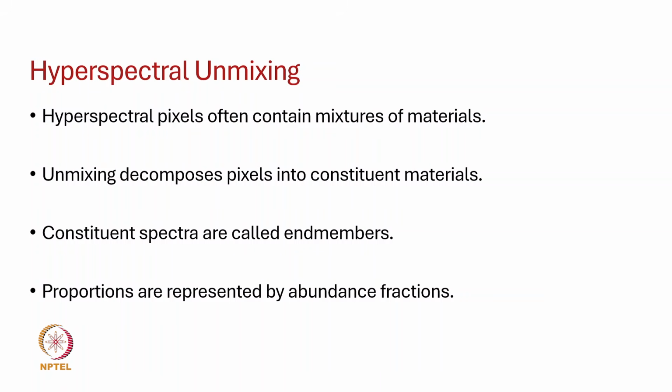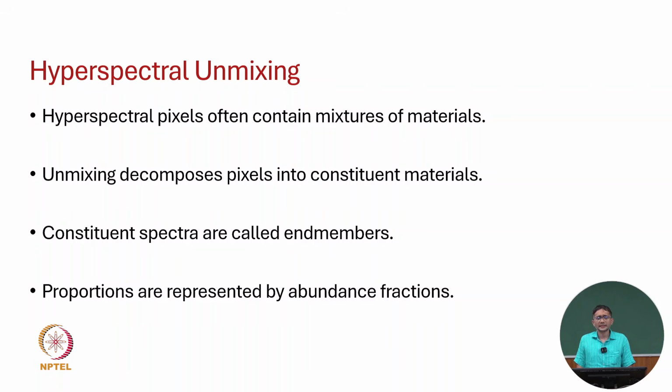Another important problem statement that we deal with in hyperspectral images is hyperspectral unmixing. So what happens is that the hyperspectral pixels often contain a mixture of materials, and this again depends on the spatial resolution. This would not be so true if the spatial resolution is quite high.